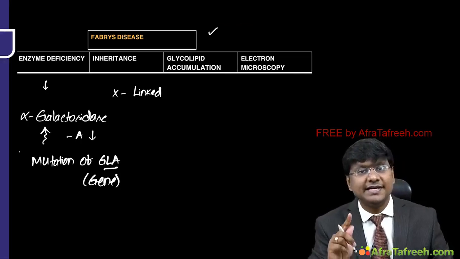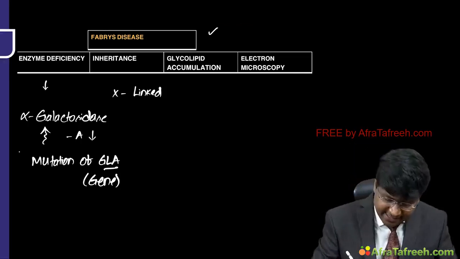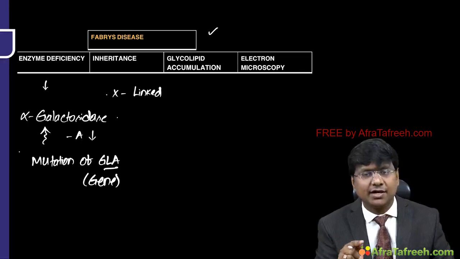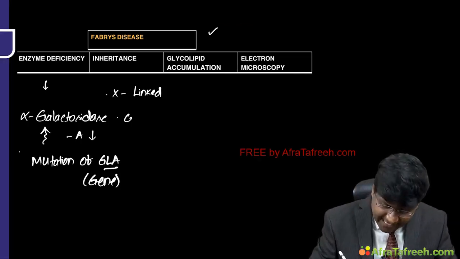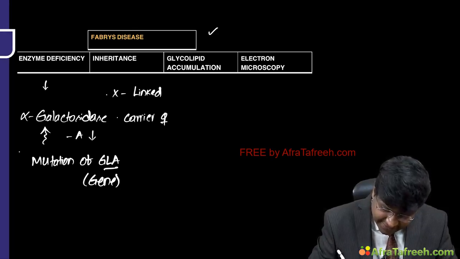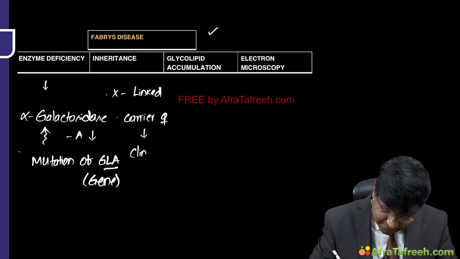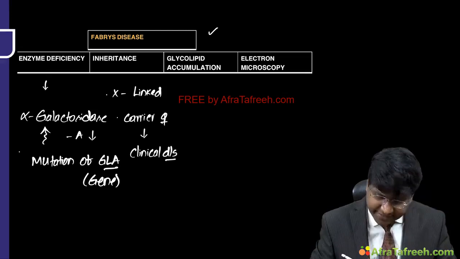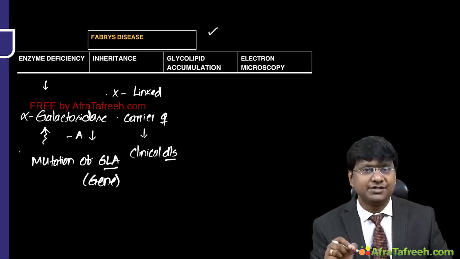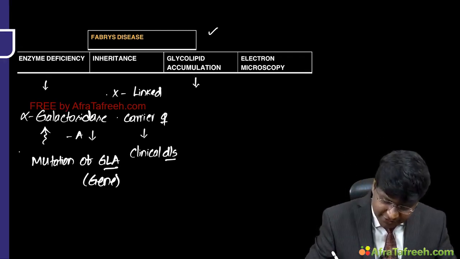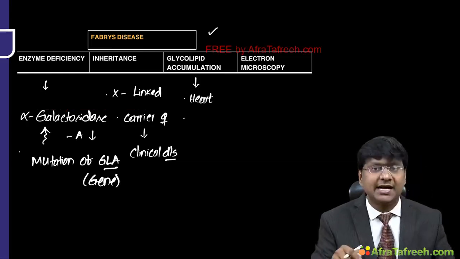Now the inheritance is an X-linked disorder, and usually if it is an X-linked disorder, the females are the carriers, but here even the carrier females develop the clinical disease, right? Now in these individuals there is glycolipid accumulation, and this glycolipid accumulation occurs within the heart.